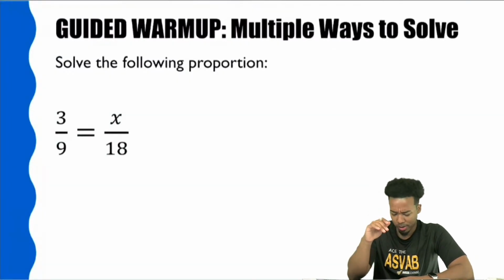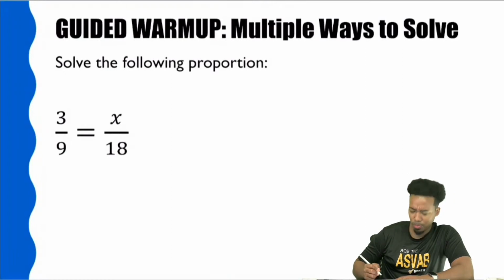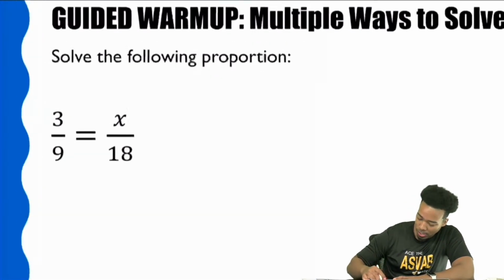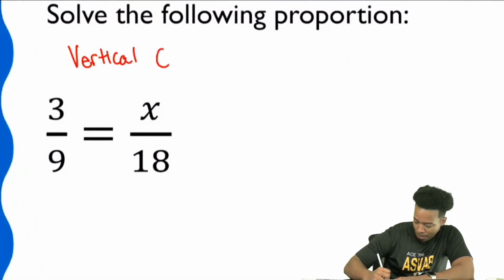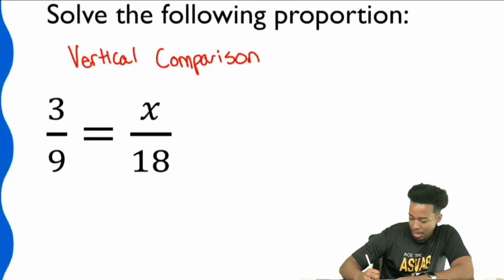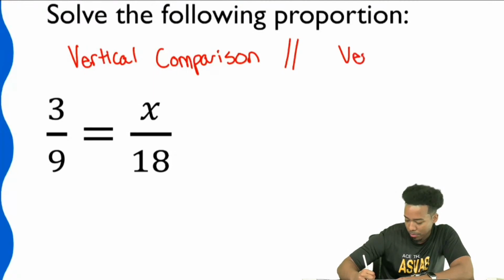And so what I'm going to do here is I'm going to kill 2 birds with 1 stone. What I'm going to show you is called vertical comparison. And then I'm also going to show you vertical simplification.